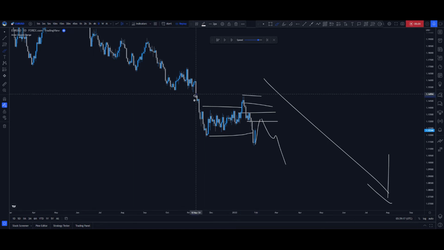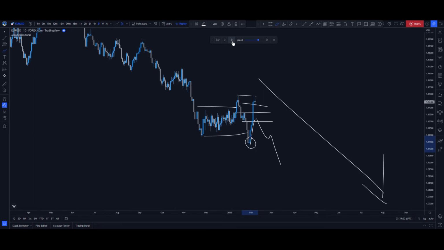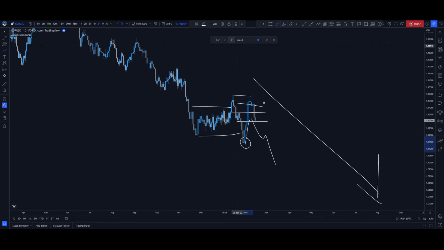This particular buy to sell order block right here was what actually worked out. Price fooled everyone and pushed very high. We have a morning star right here, and a lot of people were wicked out of this trade before price continued to the downside.